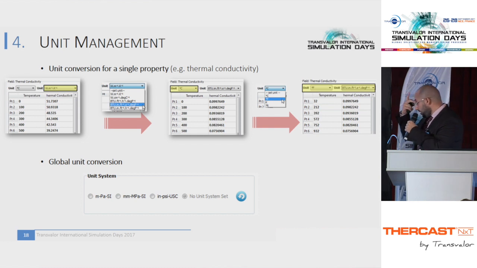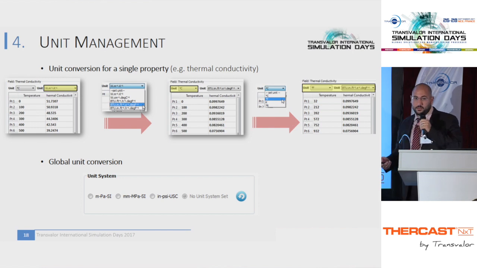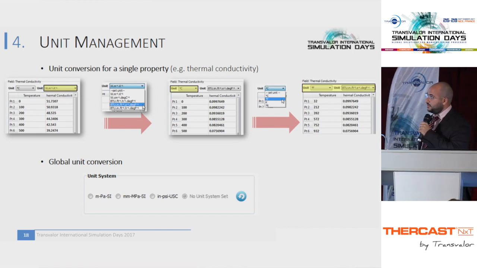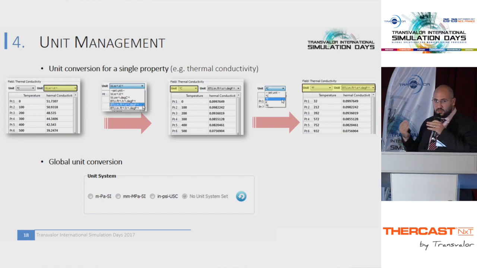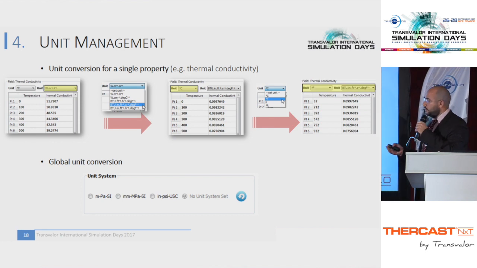What should also be noted is, let's say we already have a material file in the SI system. By clicking, in this example, the inch PSI USC system of units, all the data that exists within the interface will be automatically converted. So you don't have to do anything else.